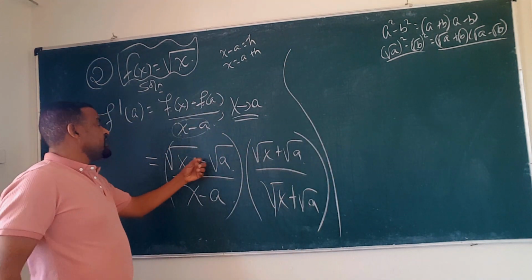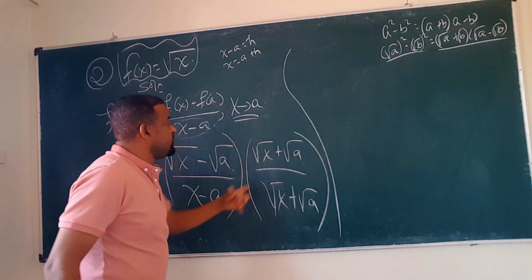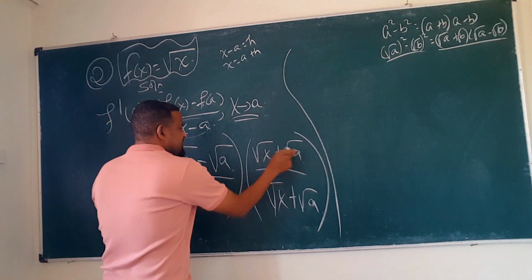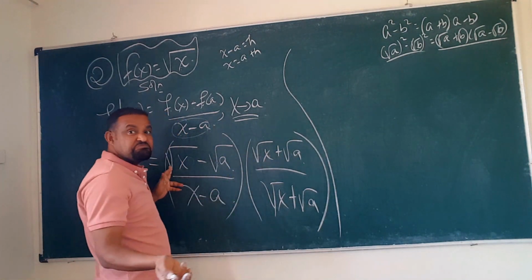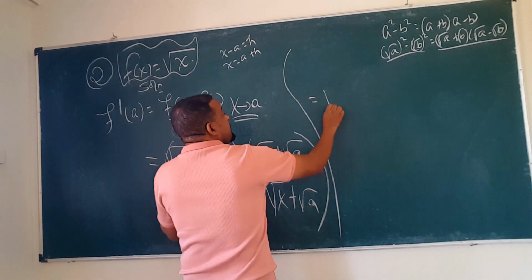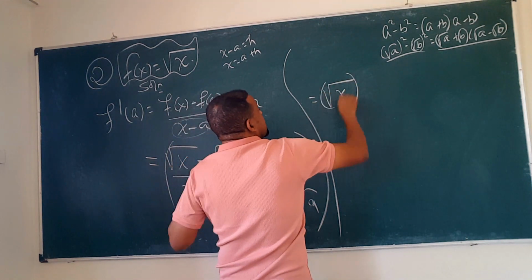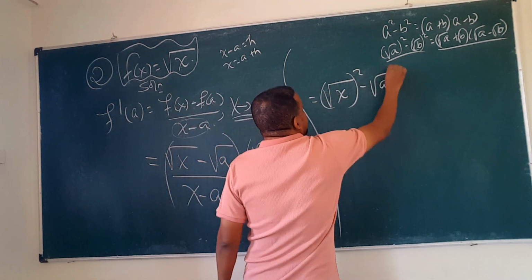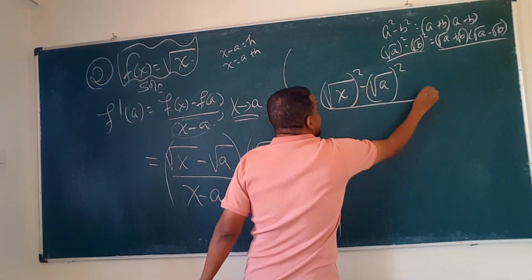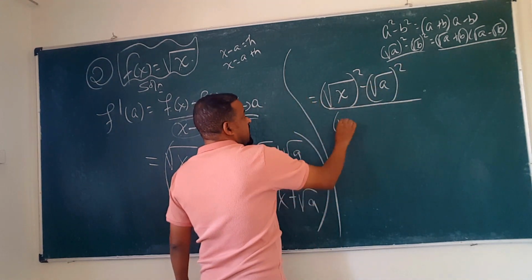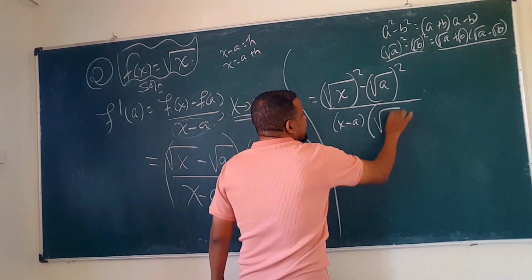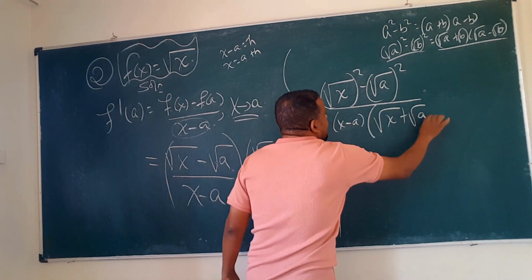So radical of x minus radical of a, radical of x plus radical of a ማባዛት ትችላላችሁ። ይሄ ከዚህ ጋር፣ ይሄ ከዚህ ጋር፣ but to save time አሁን ይሄ ምን ይሆናል? radical of x the whole squared minus radical of a the whole squared ቢሆንና ከታች over x minus a times radical of x plus radical of a.